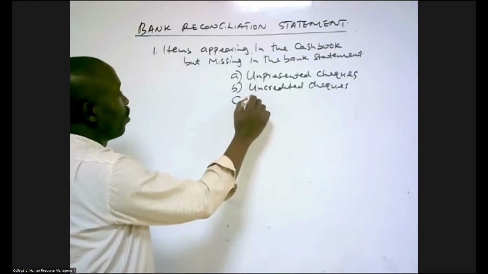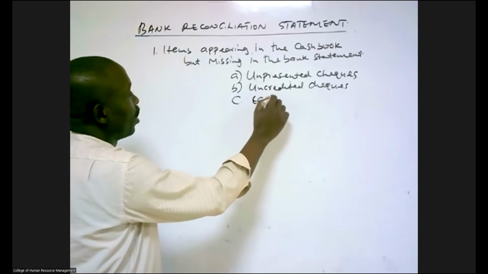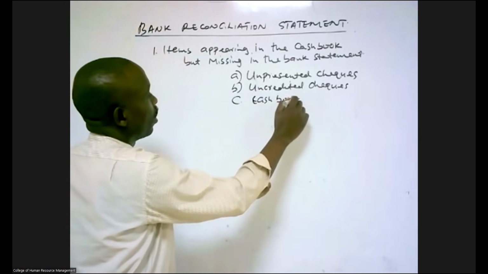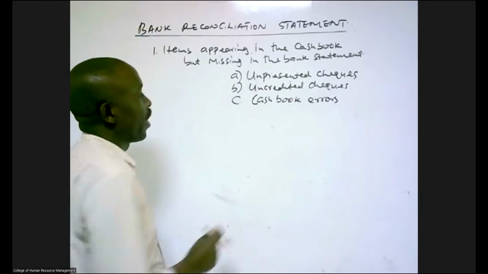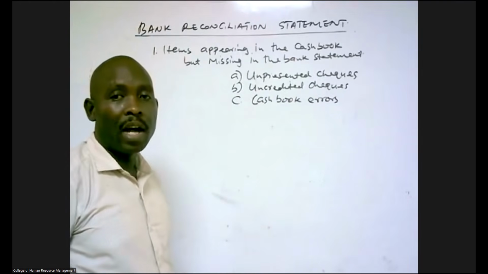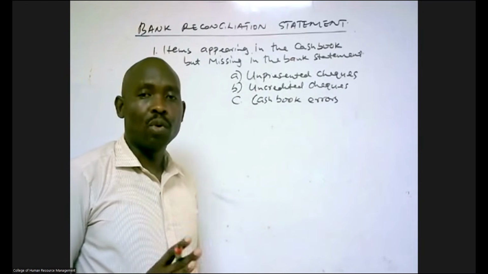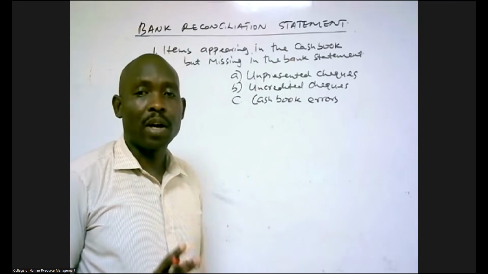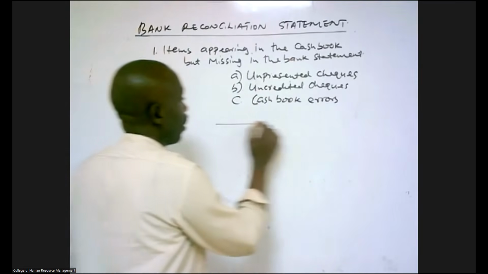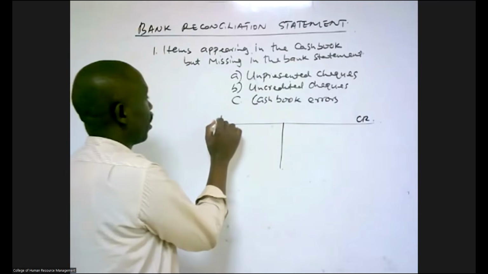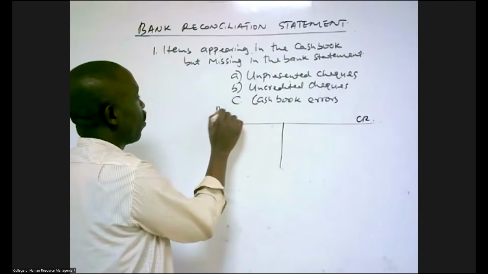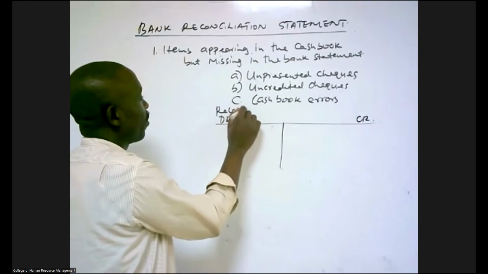We have talked about the cash book errors. And at this point, I want you to note that when we are referring to the cash book, let us have a very simple key account. Debit side records the money in, the receipts.